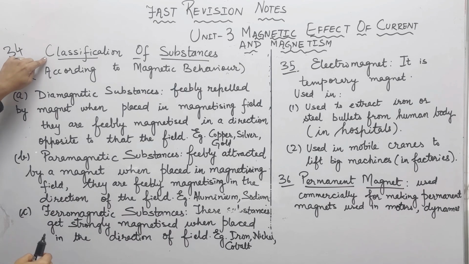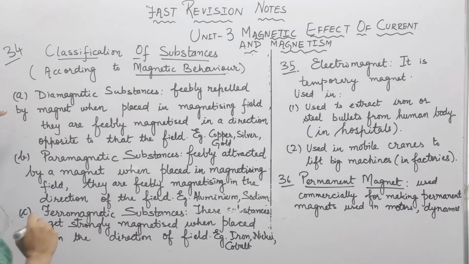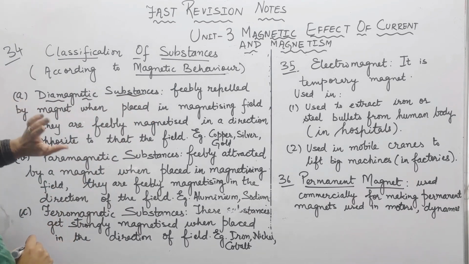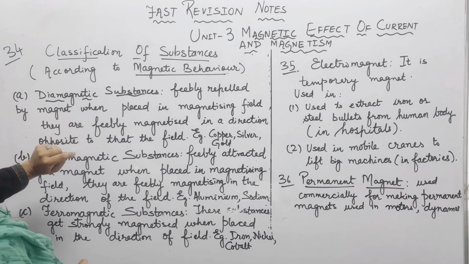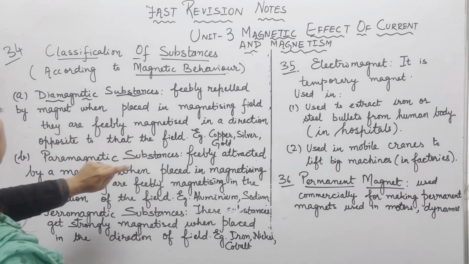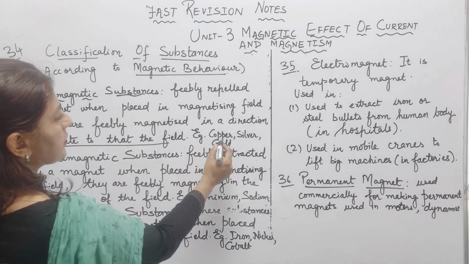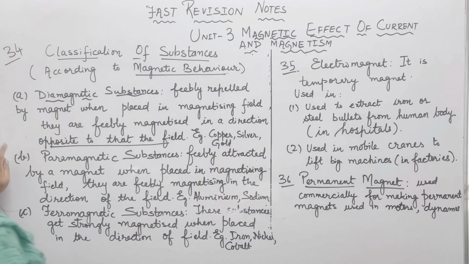Next is the classification of substances according to magnetic behavior. Diamagnetic substances are feebly, weakly repelled by a magnet when placed in a magnetizing field, and they are feebly magnetized in a direction opposite to the field. Examples are copper, silver, gold.